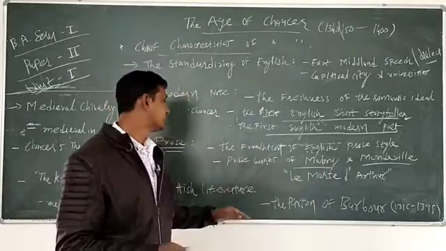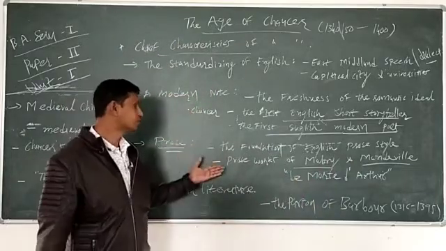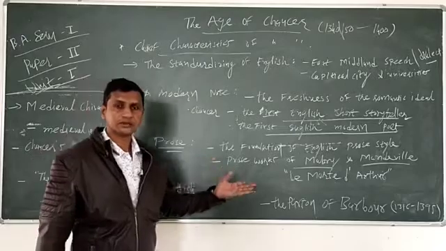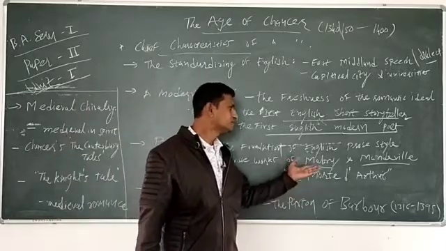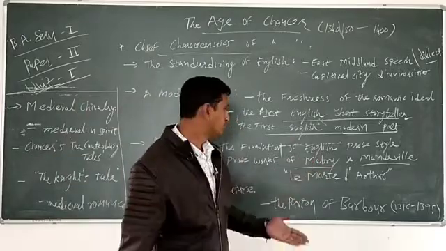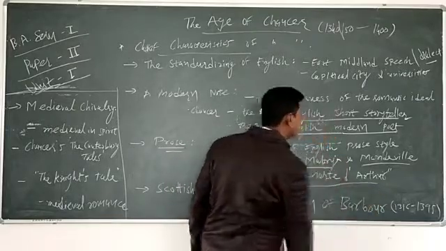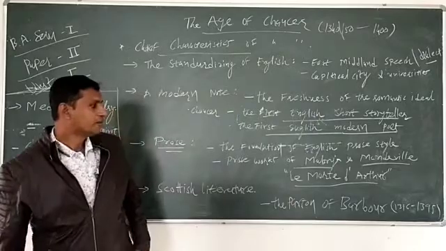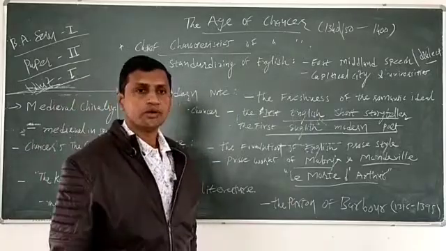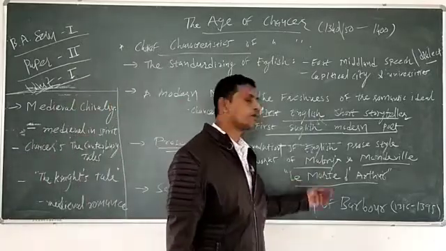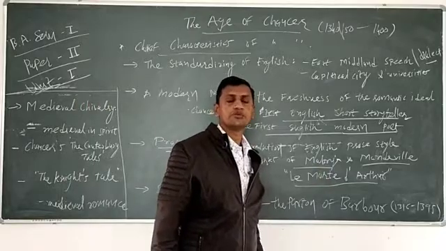And that's why during the time of Chaucer, the work of two contemporary writers of Chaucer, Malory and Mandeville. Among them, Malory's famous work is Le Morte d'Arthur. Le Morte d'Arthur is the famous work of Malory, and he was very popular during that time.